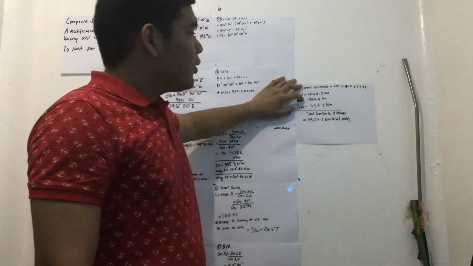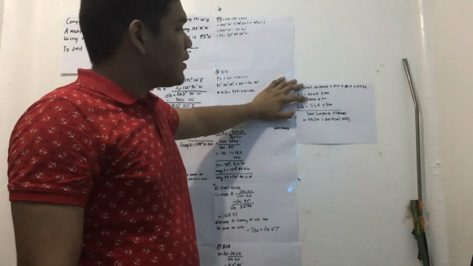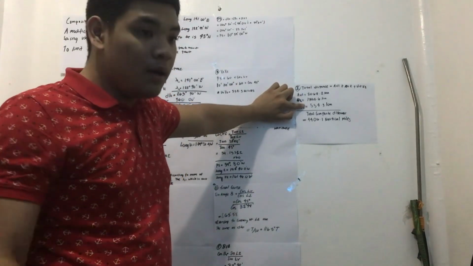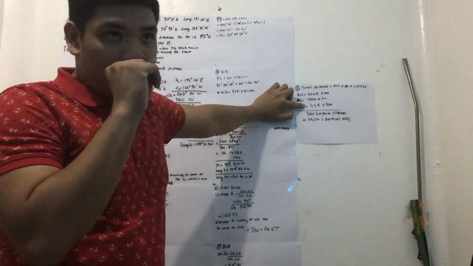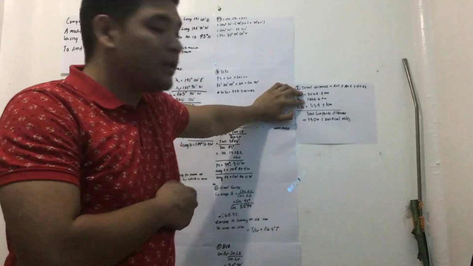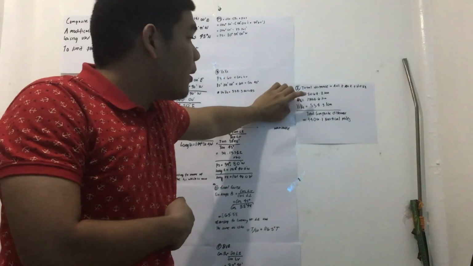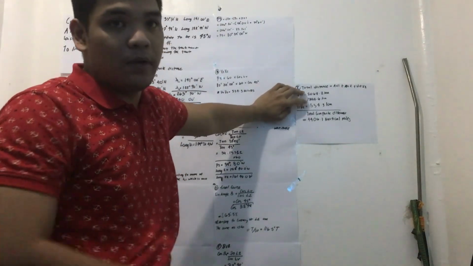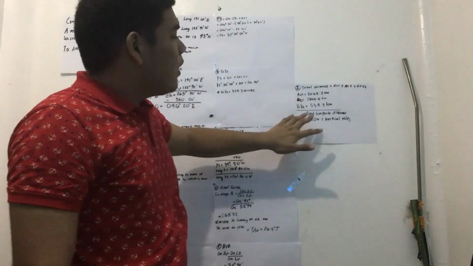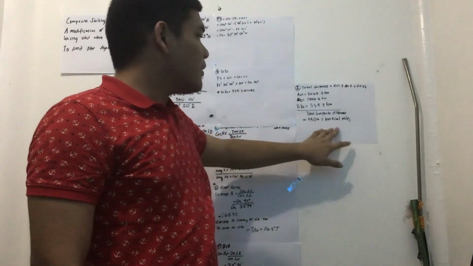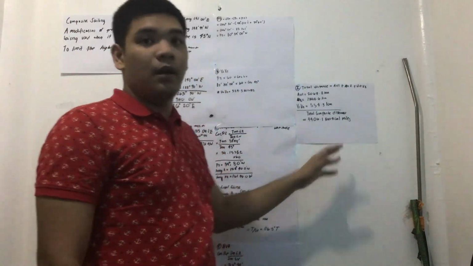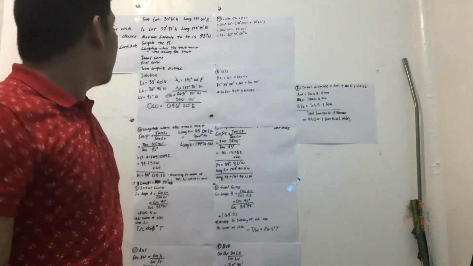So 2067.2 nautical miles plus 1794.6 nautical miles, and last but not least 554.3 nautical miles. You have to add all of them, and then you'll get the total composite distance of 4,406.1 nautical miles. That is all, sir.